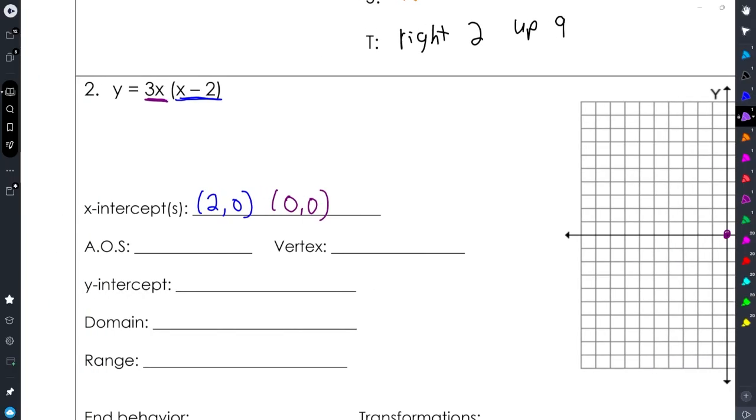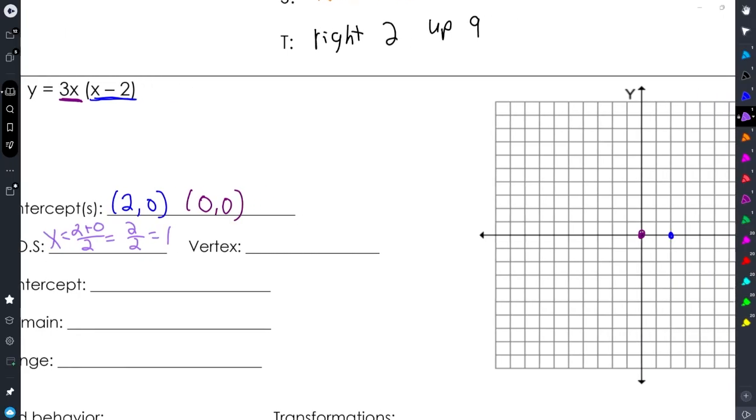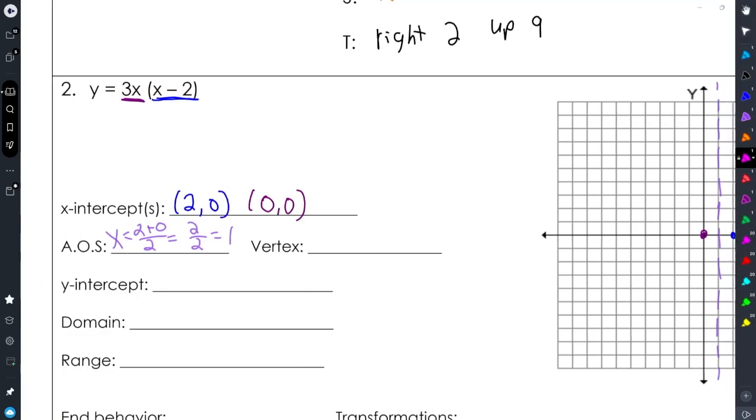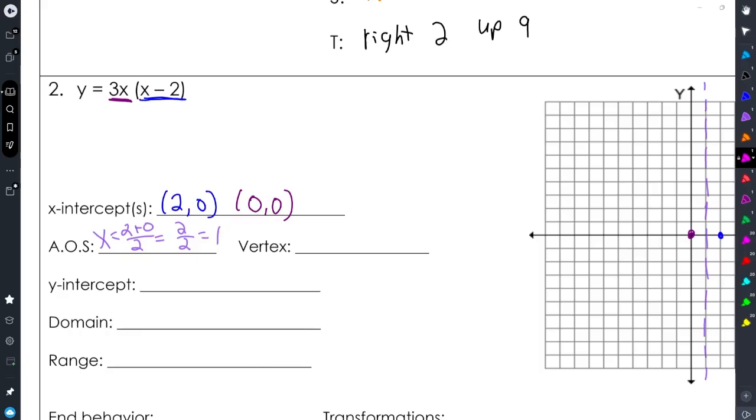our axis of symmetry, x equals 2 plus 0 divided by 2, which is 2 divided by 2, or 1. So I'm going to draw. Now to find the vertex, I'm going to take that axis of symmetry and substitute in 1.